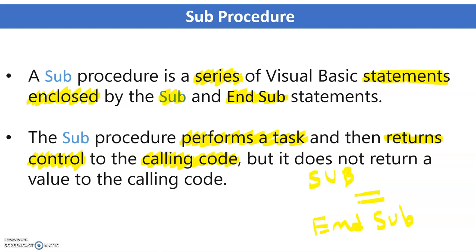But a function returns something; we can expect some value from the function when it comes back. Here, mind it, a sub procedure does not return any value. That is important. So a sub procedure is the same as a function, but it does not return any value. This is the main difference. We will see more in the next slide.